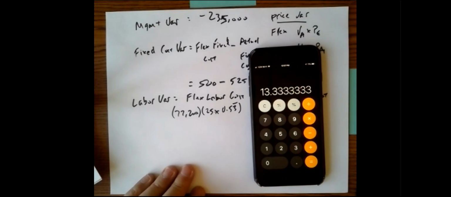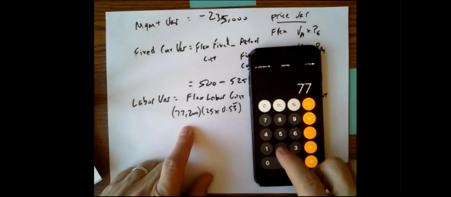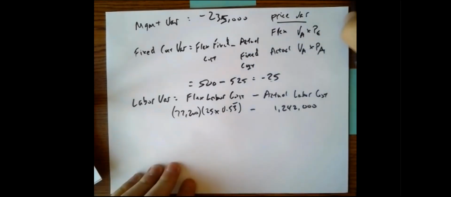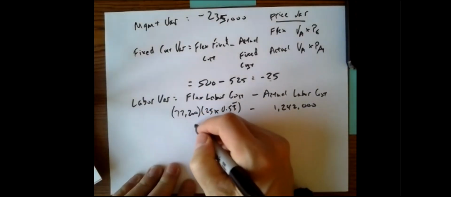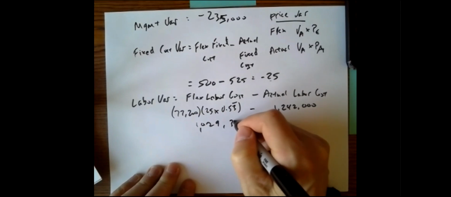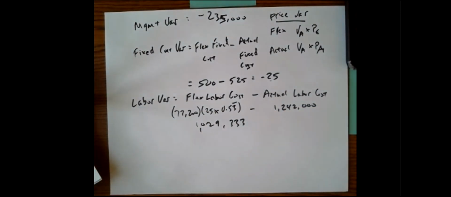So we thought we would spend $13.33 on labor per visit times the 77,200 visits that we actually did, gives us our flex labor cost of 1,029,333.